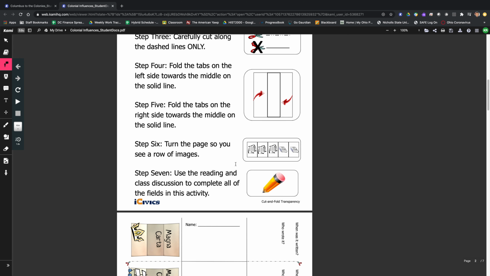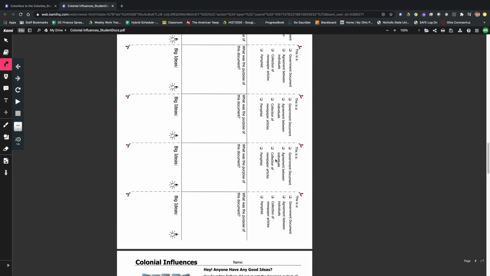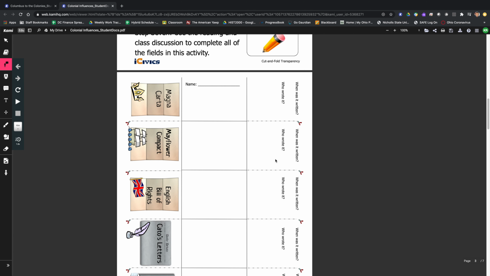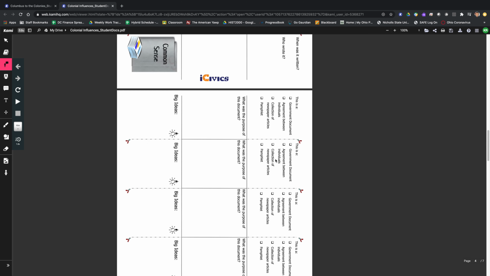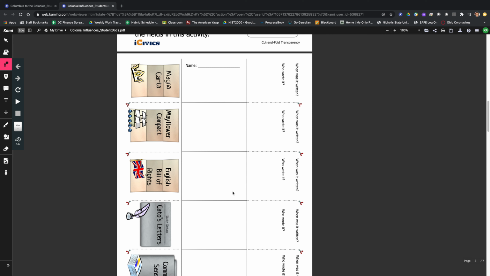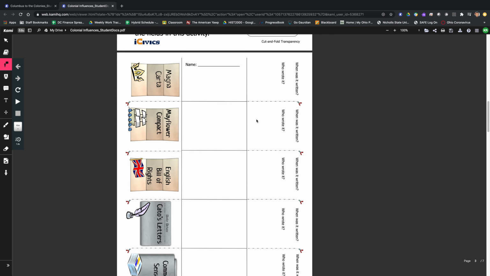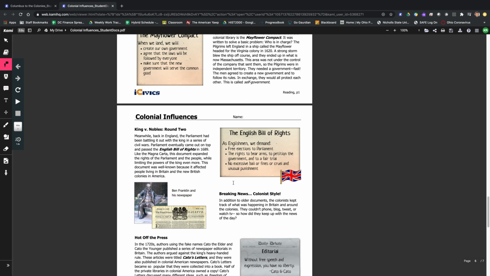All right, so if you would like, you could print out this page and this page. If you have that possibility, you could print out this page and then closely follow these directions on how to turn this into a flip book. And then you can complete the activities here and here using the reading.